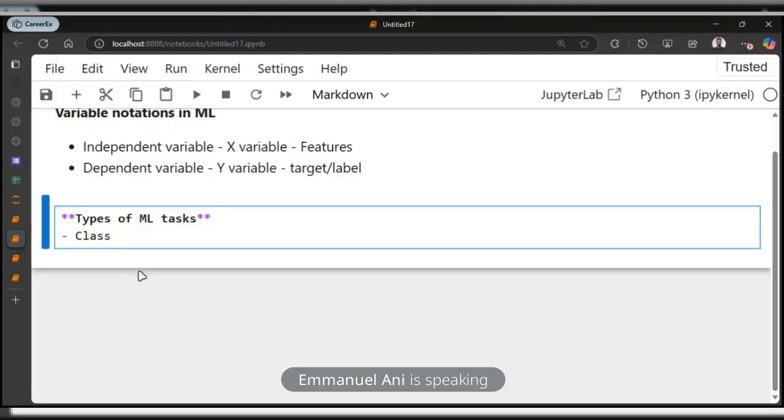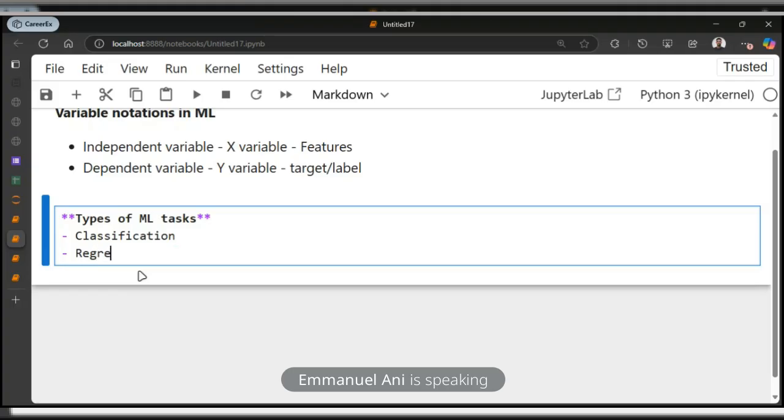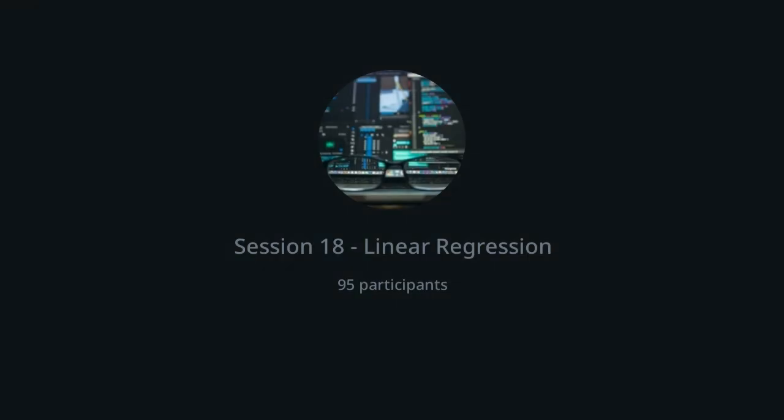But when we talk about ML tasks, we are talking about classification and regression tasks. These are the two types of ML task.